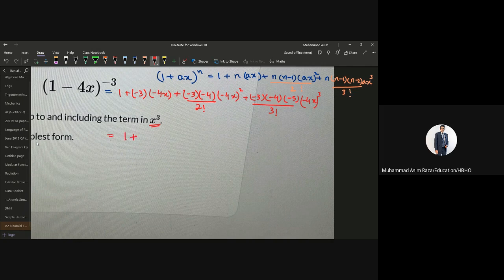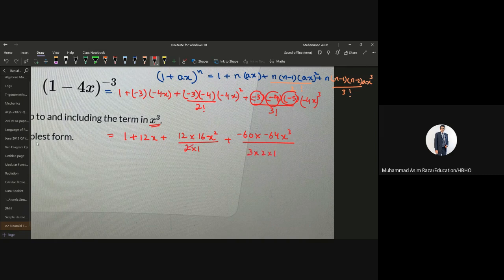So 1 plus 12x, since minus 3 times minus 4 will be equal to plus 12, and then negative 4 whole squared will be positive 16x squared, divided by 2 factorial. So 2 factorial is 2 times 1, plus this negative 3 into negative 4, positive 12, times negative 5, is negative 60, times minus 4 whole cubed, which is negative 64, and the x cubed is x cubed over 3 factorial, which is 3 times 2 times 1.